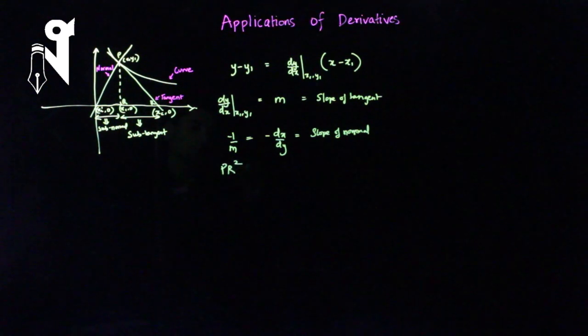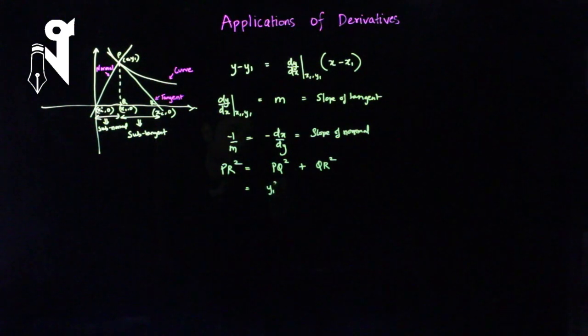PR square is PQ square plus QR square. PQ is nothing but y1, the vertical distance of the point x1, y1 from the x-axis. So this is equal to y1 square plus QR square. How do I get QR now?